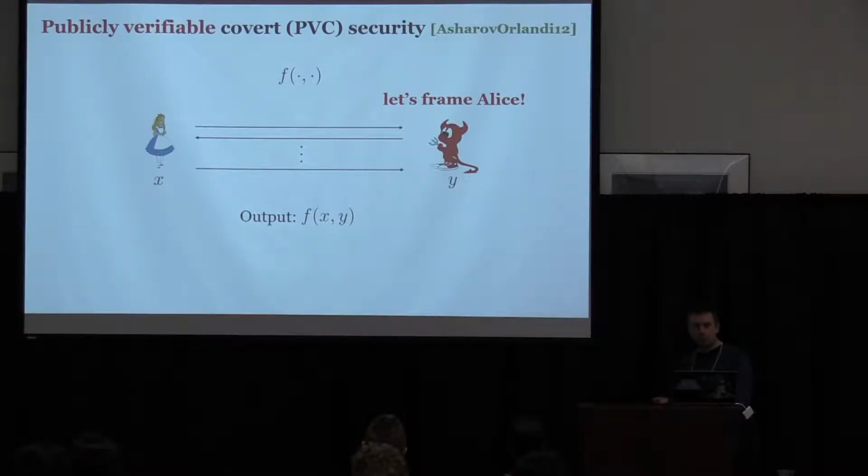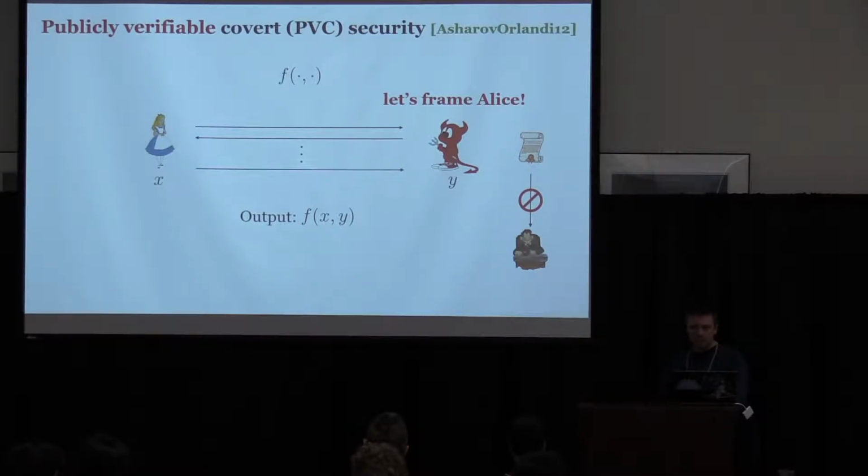And of course, security has to go both ways, meaning that a cheating Bob should not be able to frame Alice. If Bob is misbehaving, he cannot construct a proof of cheating and blame Alice incorrectly.